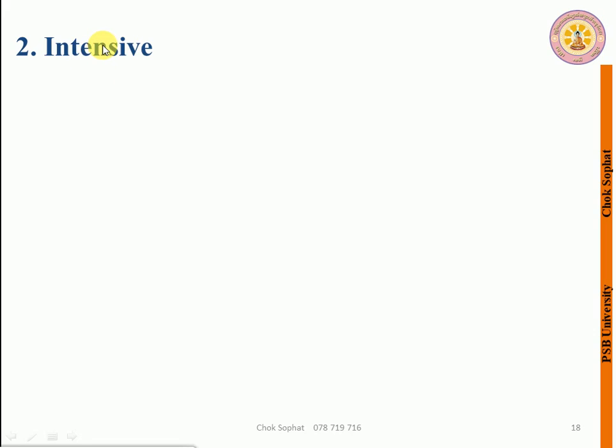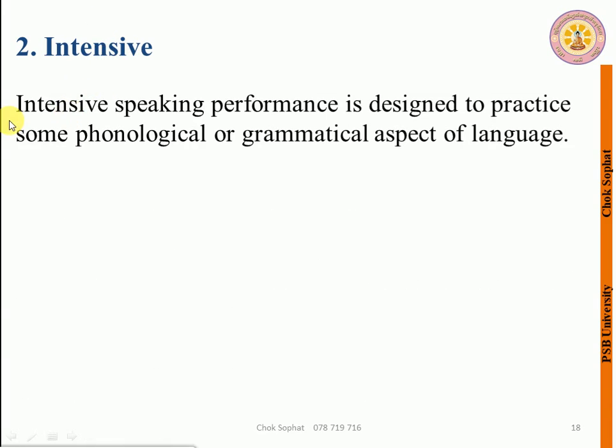Okay, intensive. Intensive speaking performance is designed to practice some phonological or grammatical aspect of the language.